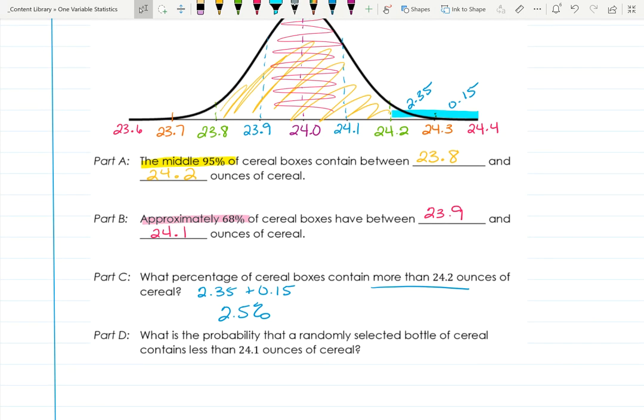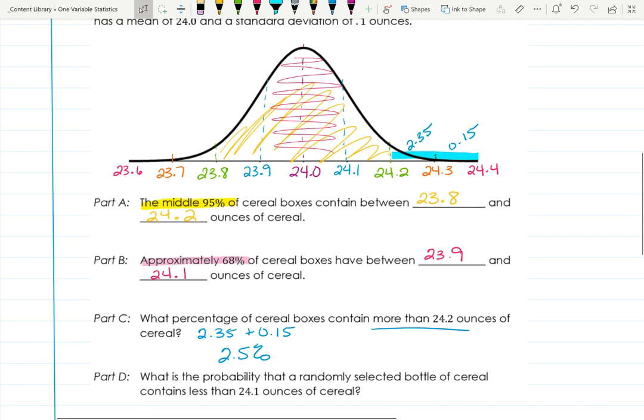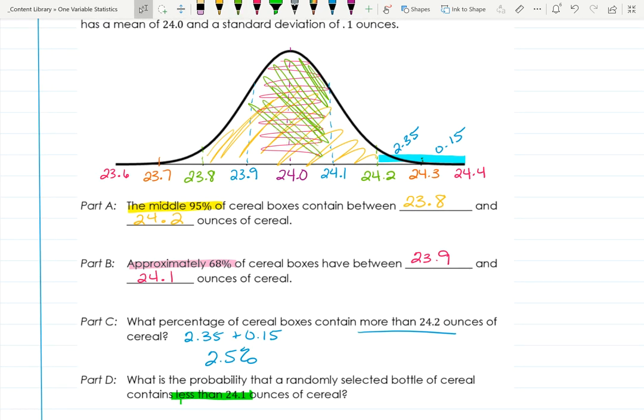So what's the probability that a randomly selected bottle, I think that should say box, of cereal contains less than 24.1 ounces? All right, so less than 24.1, all of that. I could add up each of these individual pieces, 34, 34, 13.5, 2.35, 0.15, but I'm not.